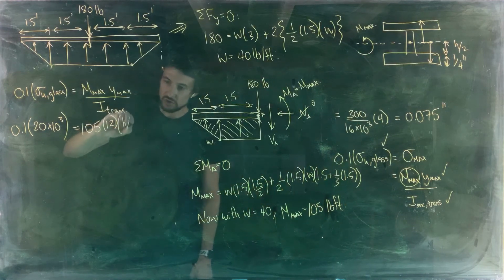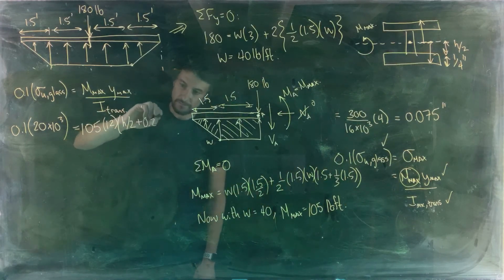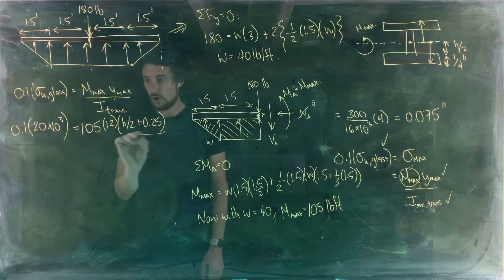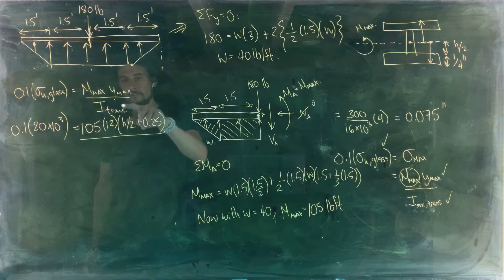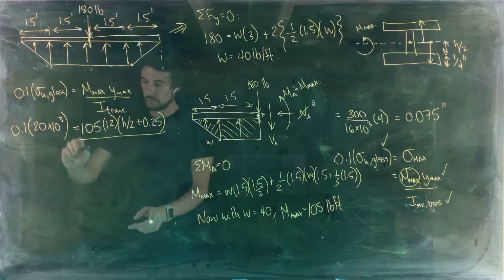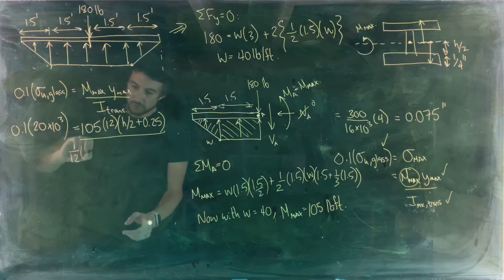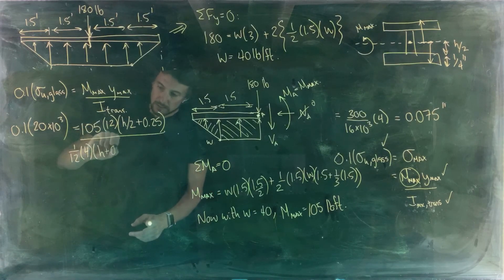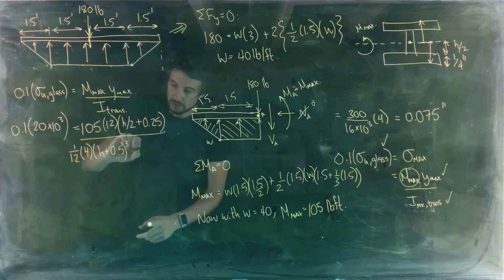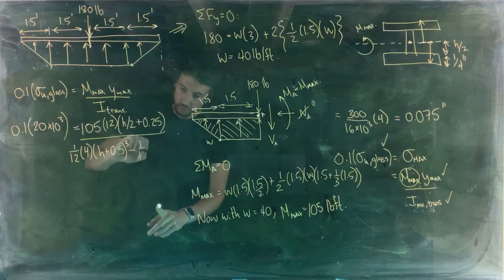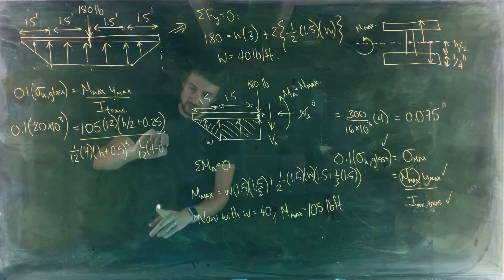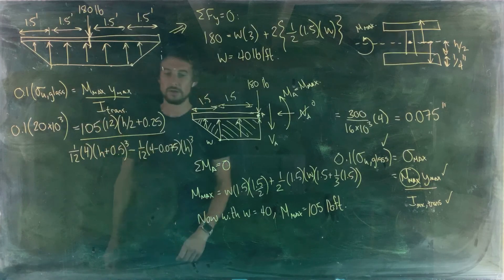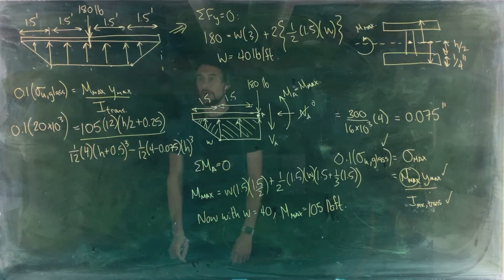So you've got h over 2 plus 0.25, all divided by I for the transformed beam, which would have been 1/12 base height cubed minus 1/12 base of the gap region, which would be 4 minus 0.075, height cubed. Okay, there we go.